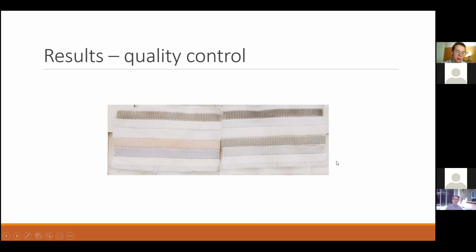And I have no explanation for this. Either I'm really bad in my ability to make reproducible results, or this is another thing that the industry worries about when using natural dyes, is that we don't have very good reproducibility at all. And so more exploration really needs to be done to figure out why this happens.